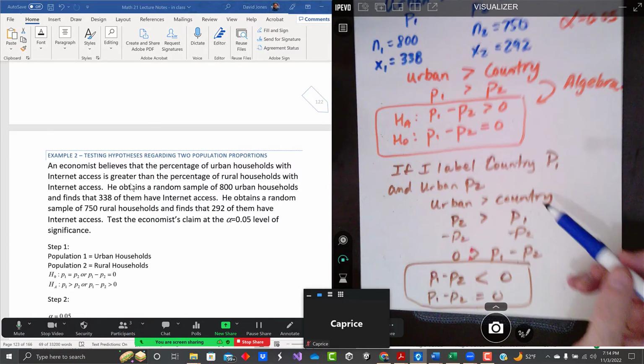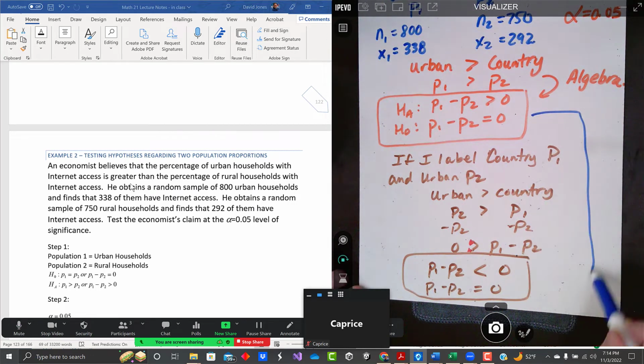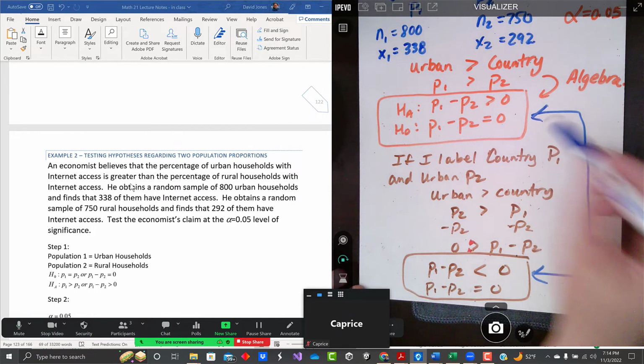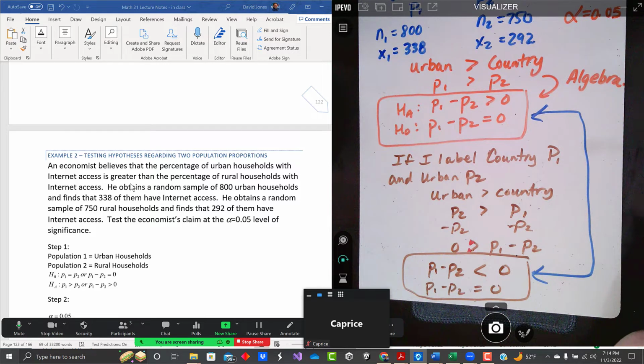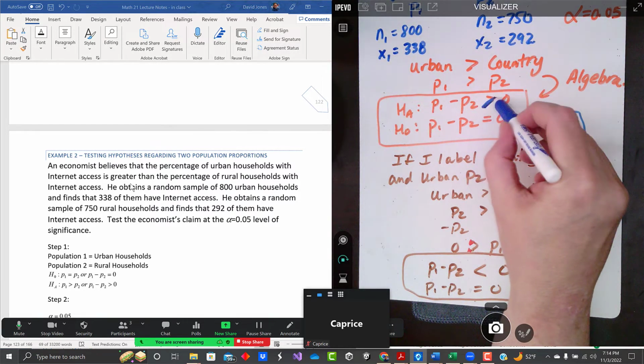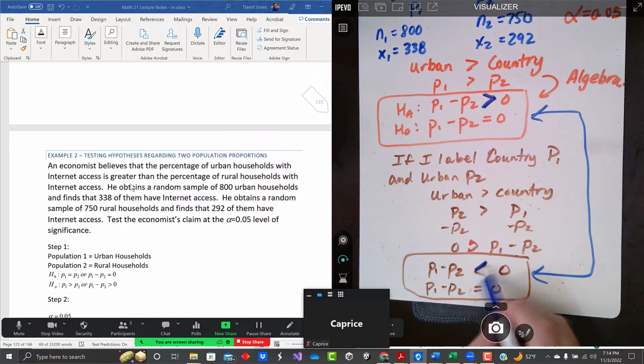Notice the difference. It's subtle. It doesn't jump out at you. They look the same other than this has a greater than symbol and this has a less than symbol. And if you put the wrong ones in the wrong areas, it's going to give you the wrong answer. We're going to do that top one though.